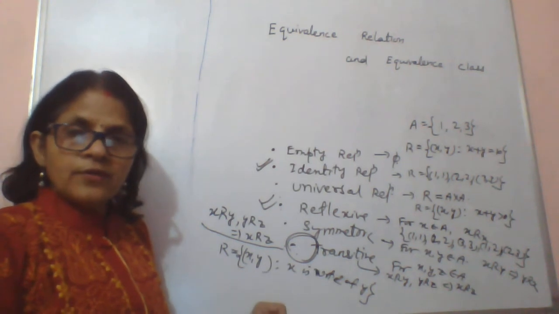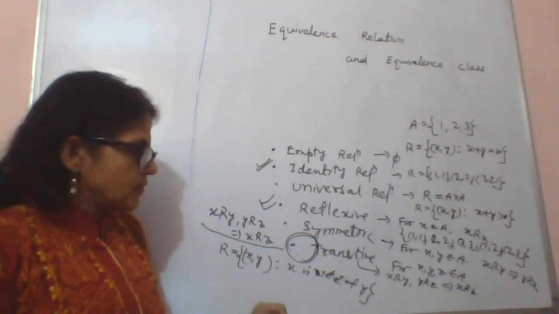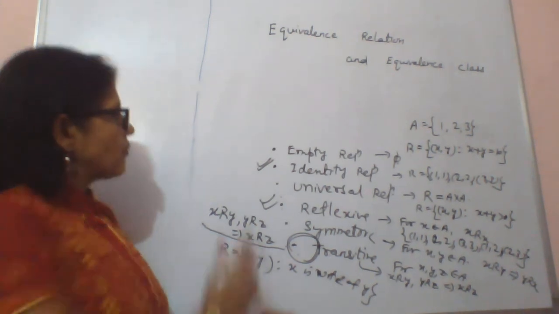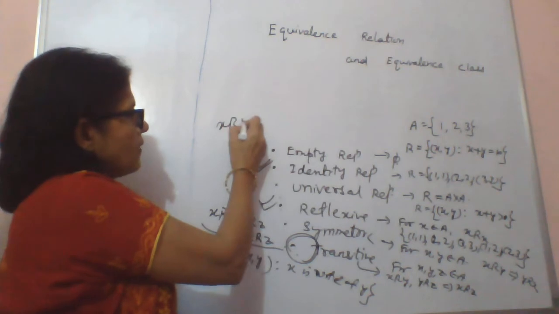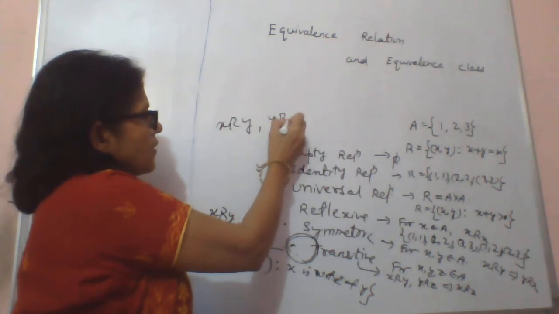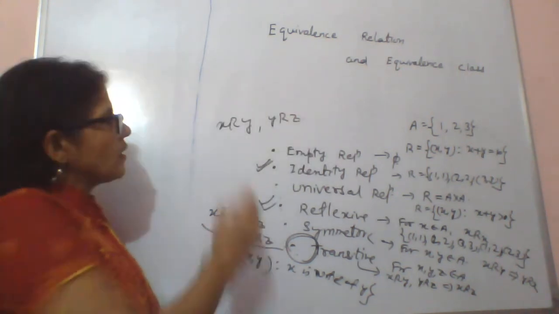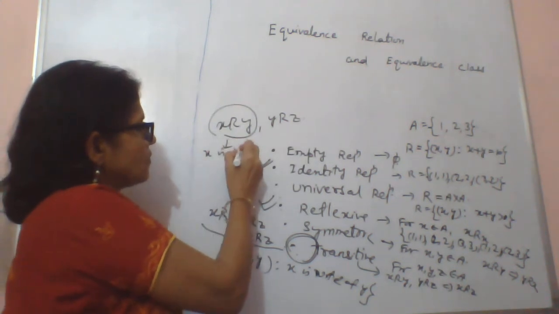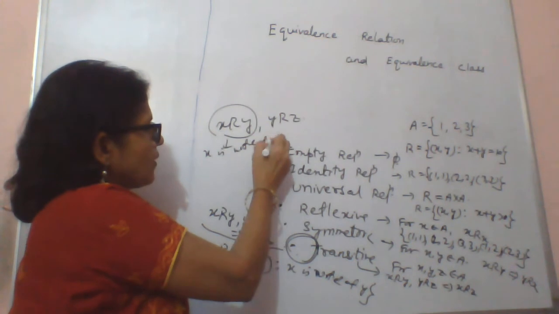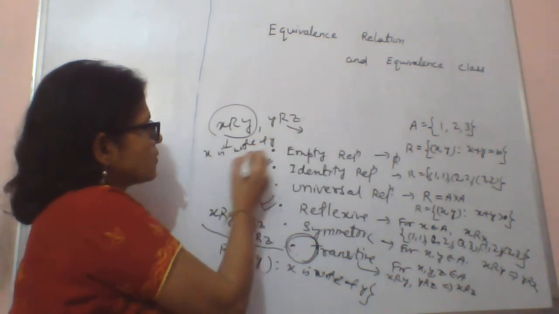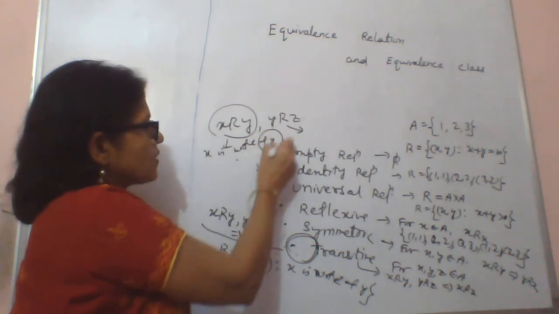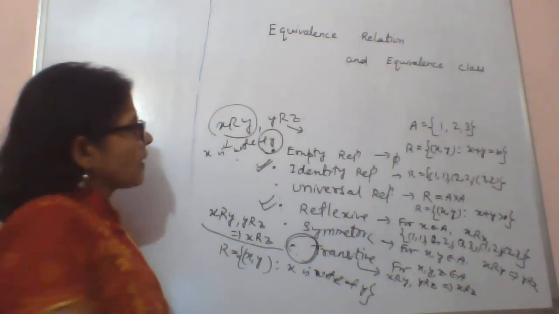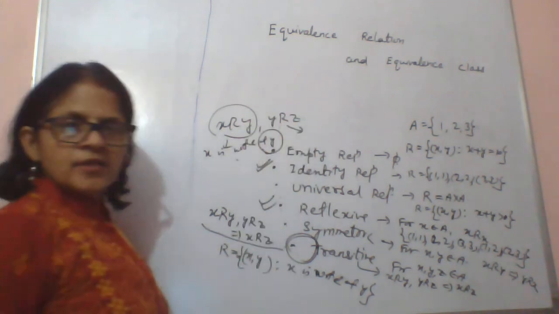But if you want to check for transitivity, whenever we write x R y, y R z, what does x R y mean? x is wife of y. But when x is wife of y, obviously y is not a female person. Then y R z, is it possible?